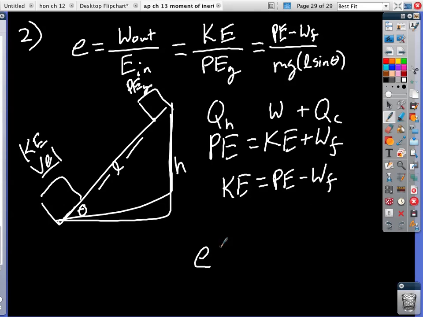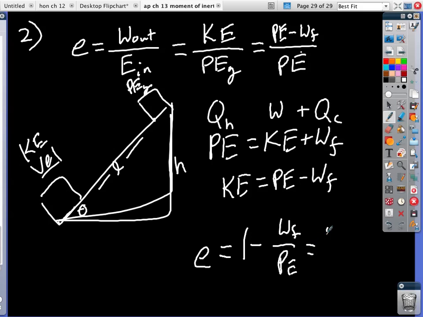So my efficiency is going to come out to be, actually, oh, look at that. That's kind of neat. If rather than filling this in, look at this. If I put PE here, then I get 1 minus WF over PE. So then here it's 1 minus, and then this is going to be mu mg cos theta times L, and then this is going to be mgL sine theta.